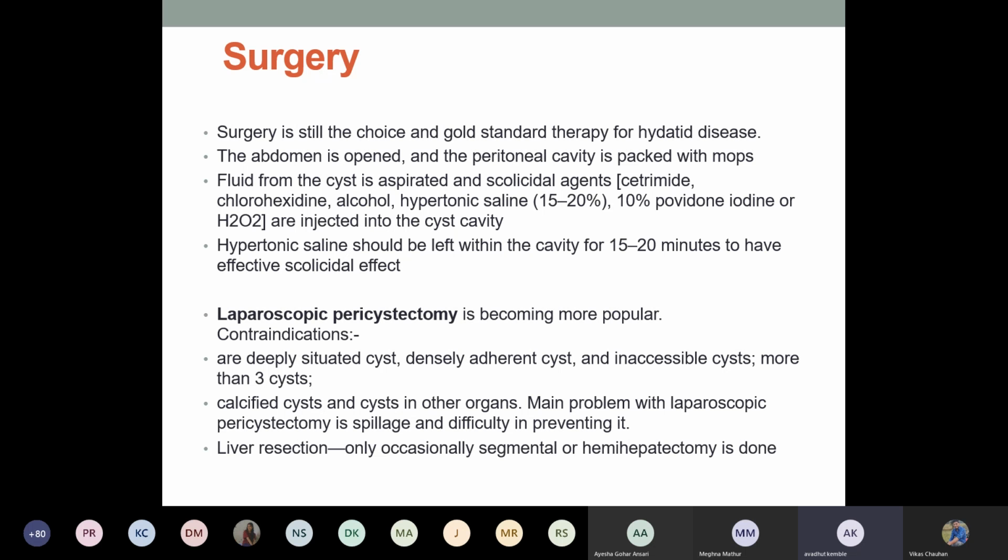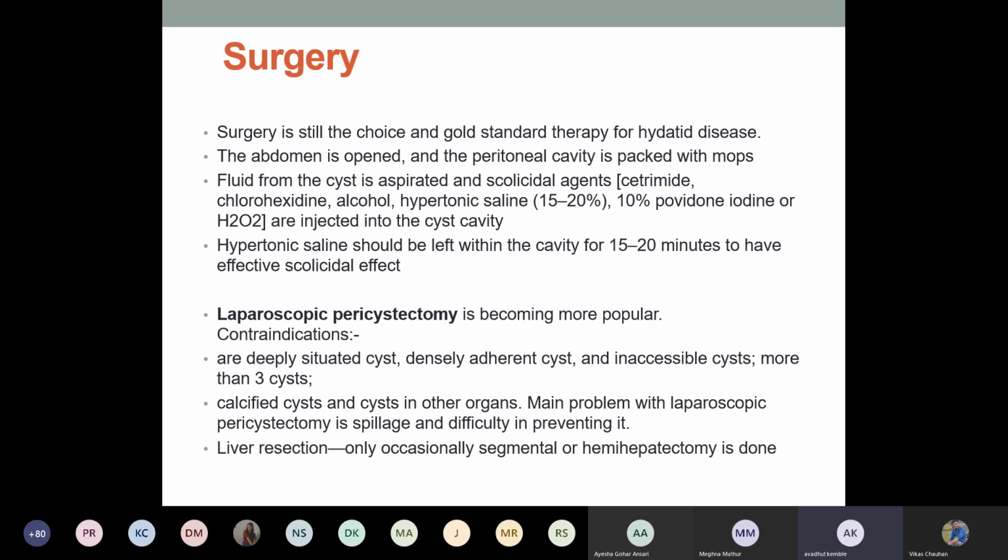The contraindications for this laparoscopic pericystectomy are a deeply situated cyst, densely adherent cyst, inaccessible cyst via small holes, and multiple cysts more than 3, calcified cyst, cyst in other organs.